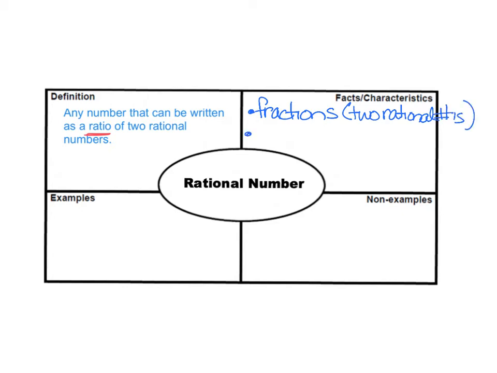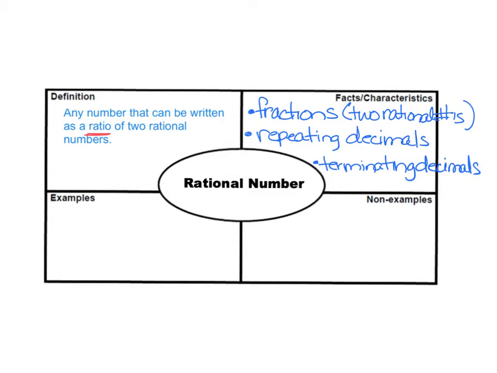It's going to include our repeating decimals, the ones that go on and on and on, repeating itself, and then our terminating decimals, meaning that they stop. All right. So what are some examples of these fractions, the repeating and the terminating decimals?